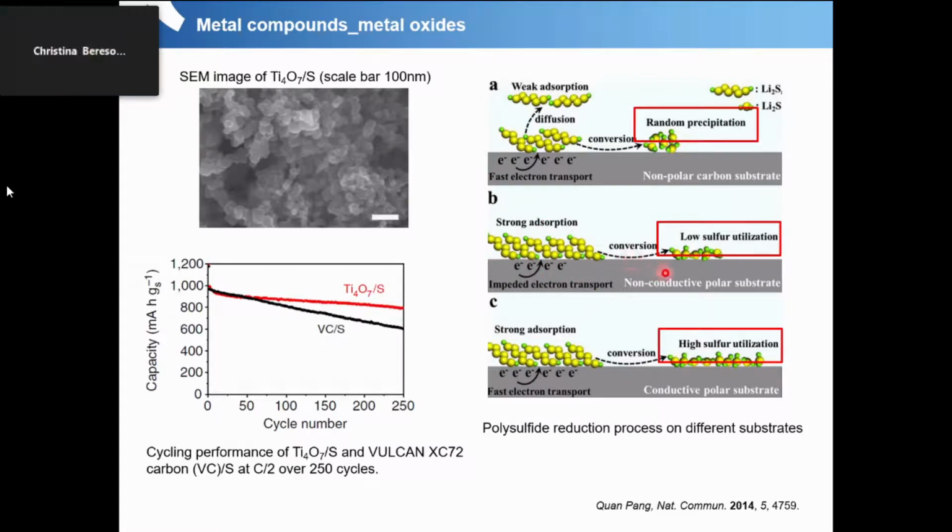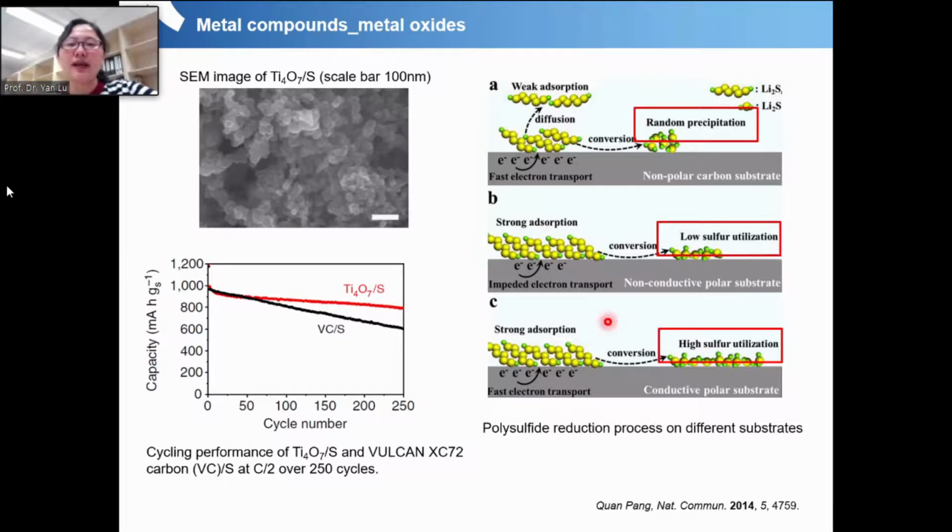However, if your substrate is not conductive, like a normal metal oxide, then you will have very low sulfur utilization, and the total system is still not optimized.